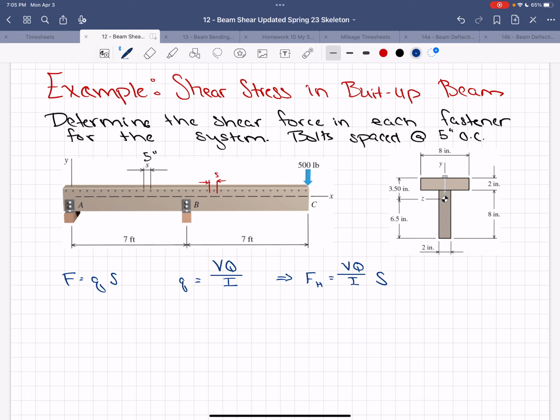We know the bolt spacing, we can calculate I, we can calculate Q, and we get V from the shear diagram. So that's what we're going to do first: determine V. We'll start by drawing a free body diagram of this beam.